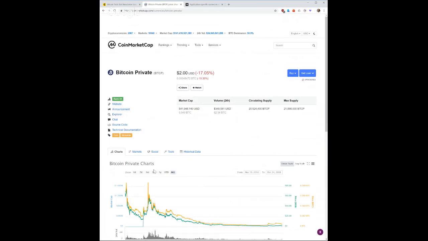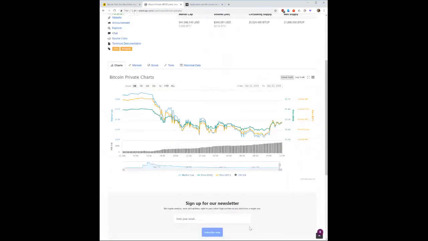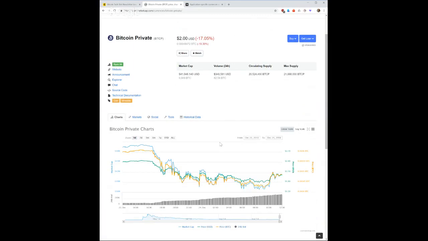If we look at the last day or so, you can see that there was a pretty big drop right after that article came out. It went from $2.40 straight down to below $2, and now it's trading at around $2. So yeah, it had a fairly significant drop.